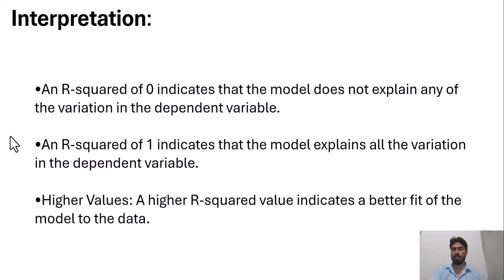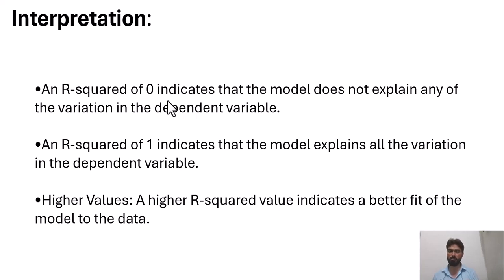When we come to the interpretation of R-square, its value ranges from 0 to 1. It is always between 0 and 1. When it is 0 or when it is 1, these are both extreme cases.